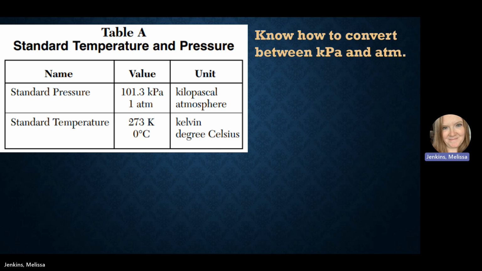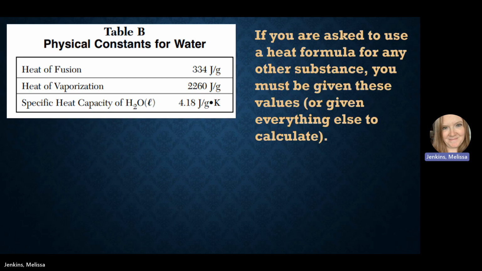You should know how to convert between atmospheres and kilopascals using that. Remember when I went over that before? I don't know if you remember it or not, but you should know how to use Table A to do that. Table B, if you're asked to do a heat calculation. You absolutely should know how to do a heat calculation using that.